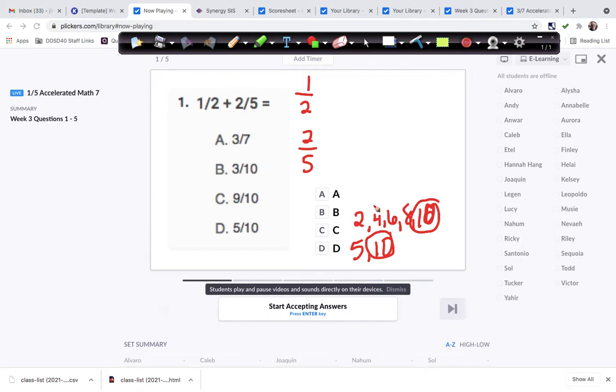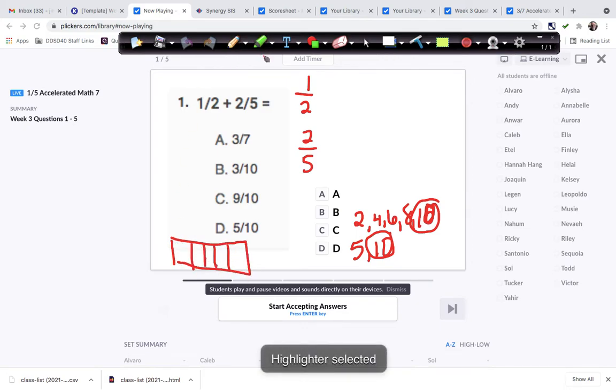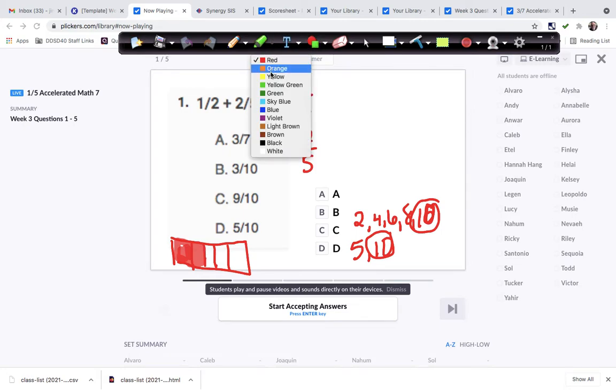I think that the next part is the most important part, and that is this fraction, 2/5, that looks like this. Two-fifths. I'll shade it in. I should shade it in another color. I'll go with yellow. See those 2/5?